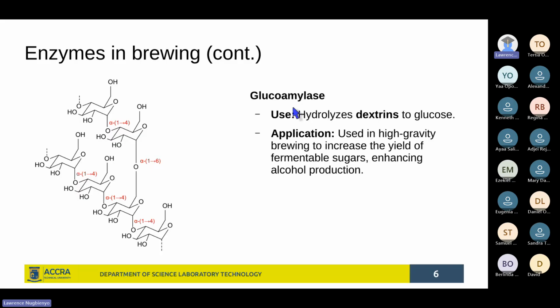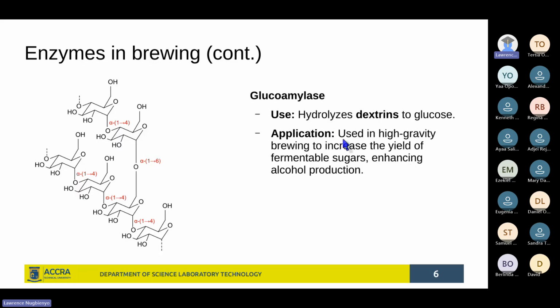All right. Now, so for instance, I've added here that the glucoamylase is used in high gravity brewing to increase the yield of fermentable sugars. So if you are adding both alpha amylase and beta amylase, you'll be able to break down only the alpha and beta bonds.